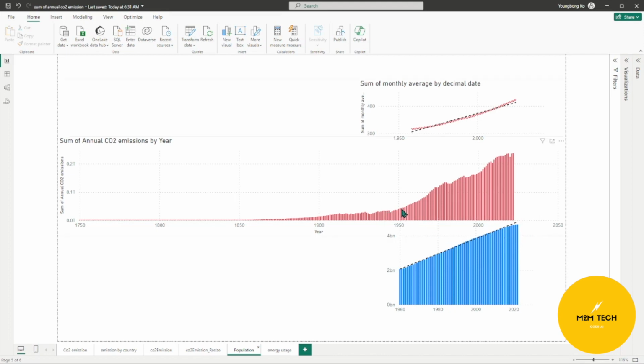And the emission starting from 1960 started from less than half a ton, while this one now is indicating more than 0.2 tons.